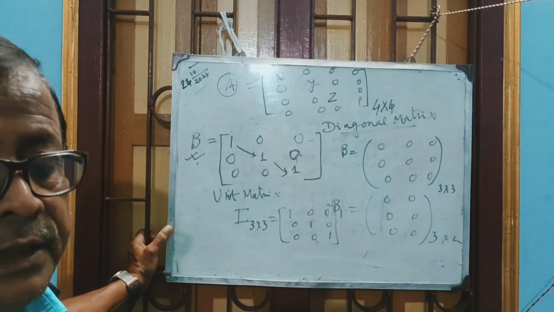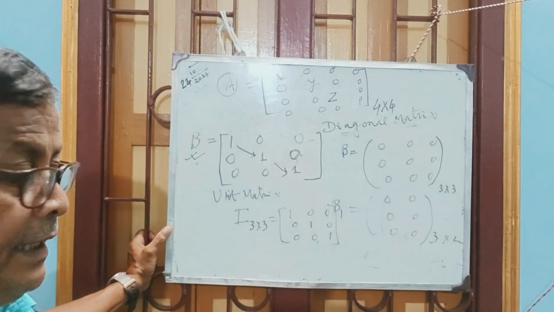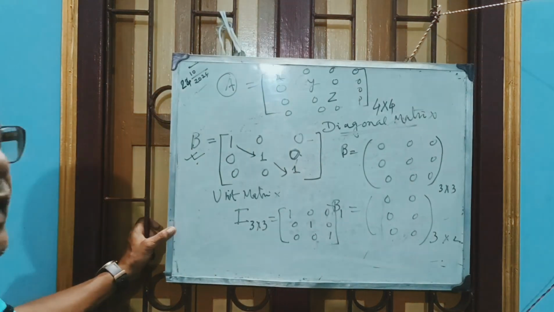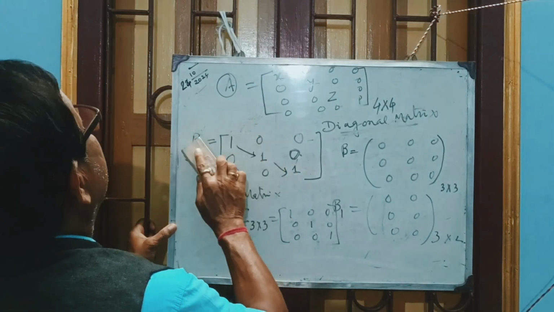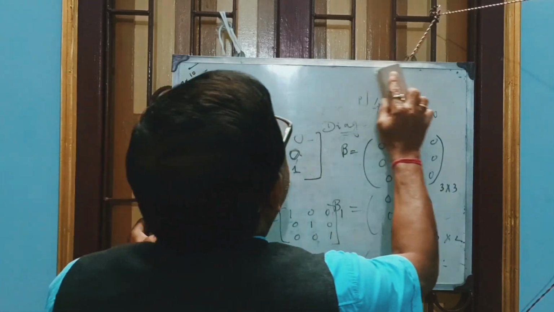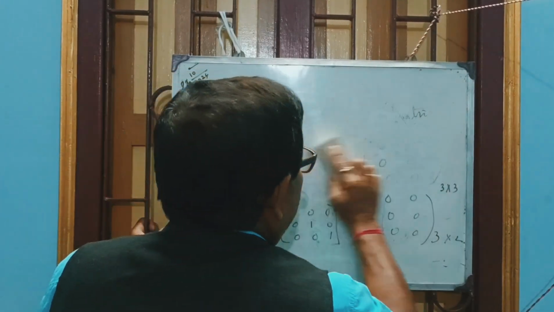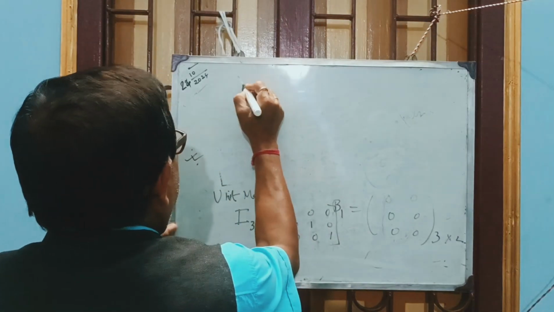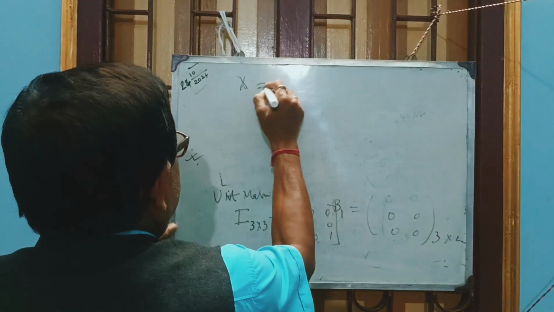That is called unit matrix. Okay, next again, I will discuss the row matrix.